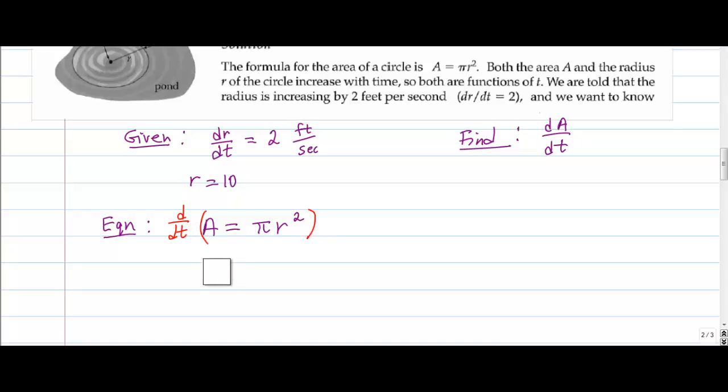So then we do dA over dt equals, now pi is a constant, so leave the pi alone. The 2 comes out front. Okay, r is our variable, and minus 1. So the 2 comes out front, so we get 2 pi r, and then we took the derivative of r with respect to t. So you have to write dr/dt.